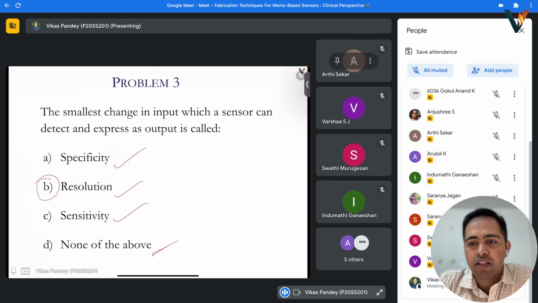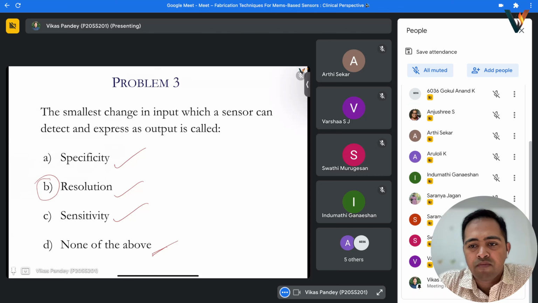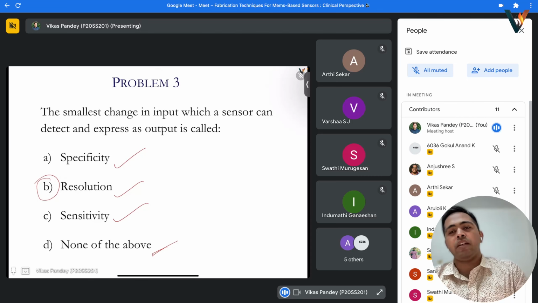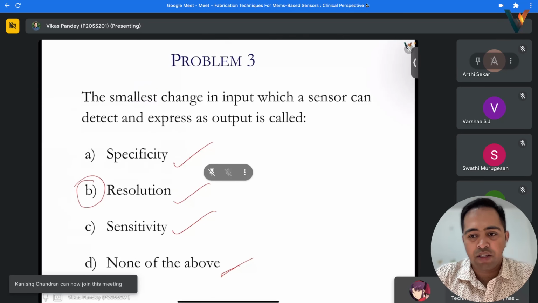Saranya Jagan and Saranya Satish. There are two people. Saranya Jagan. Saranya Satish. Okay. Anyway, I will assume most of you are at least undergraduate, right?